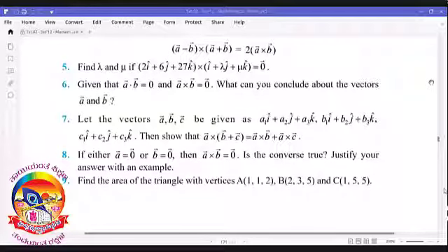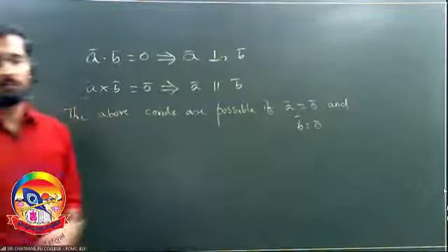It is possible if and only if A bar and B bar are null vectors. So how to conclude this? Therefore, the above conditions are possible if A bar and B bar are null vectors, and copy this one.